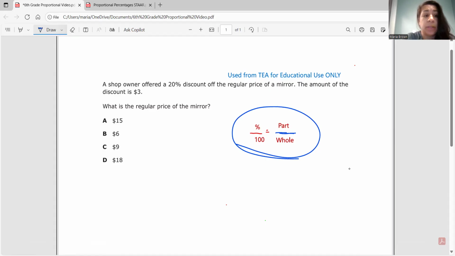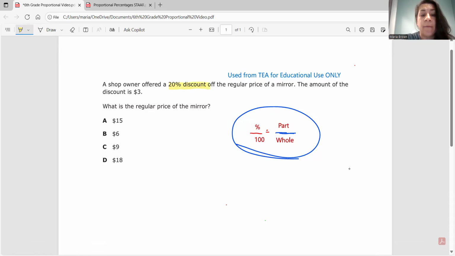So here we go. Let's go ahead and read it. It says a shop owner offered a 20% discount off the regular price of a mirror. Stop. Let's look. What do we have already inside of that first sentence? It says he offered a 20% discount. So we have the 20%.